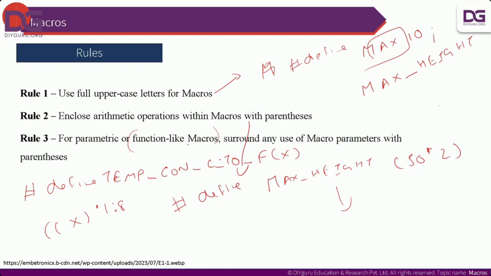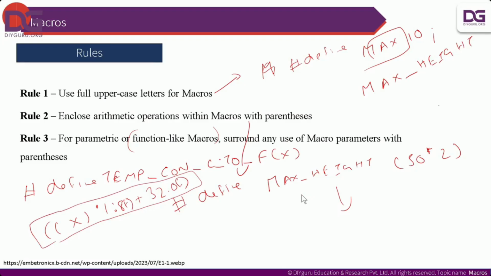For a function-like macro using any sort of parameter, we need parentheses for this expression, like x star 1.8 plus 32. So this expression needs proper parentheses surrounding it, making the value correct.